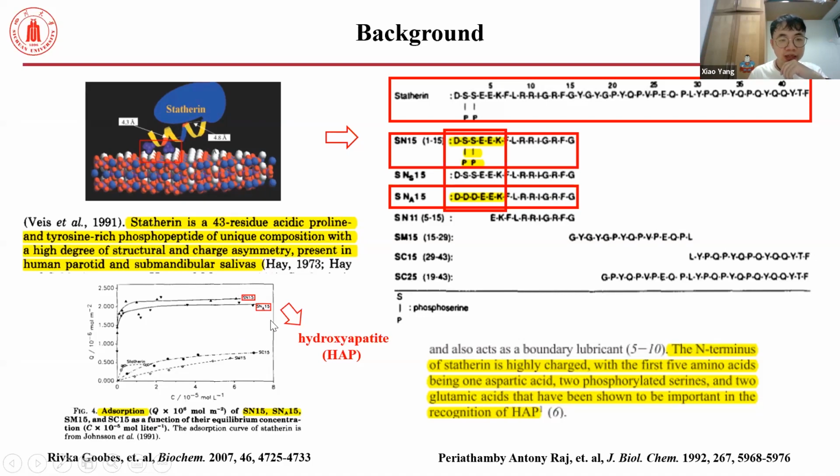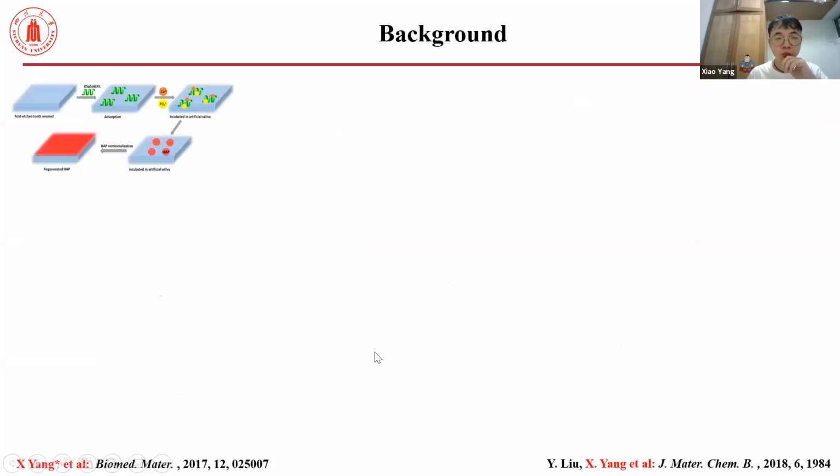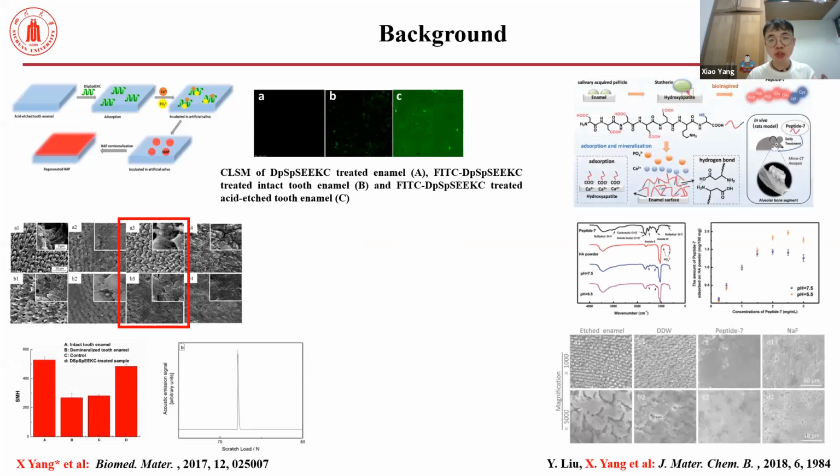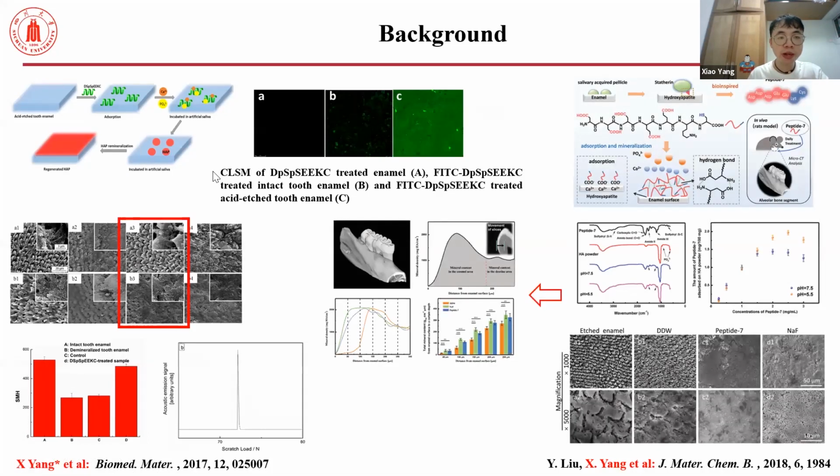In these papers, they show that these 2 peptides have the same absorption to HAP. So in our research, we use these 2 peptides to repair and treat the tooth surface. After a few weeks, we can see a new layer of HAP on the broken tooth surface, and its mechanical properties are close to the original tooth surface.